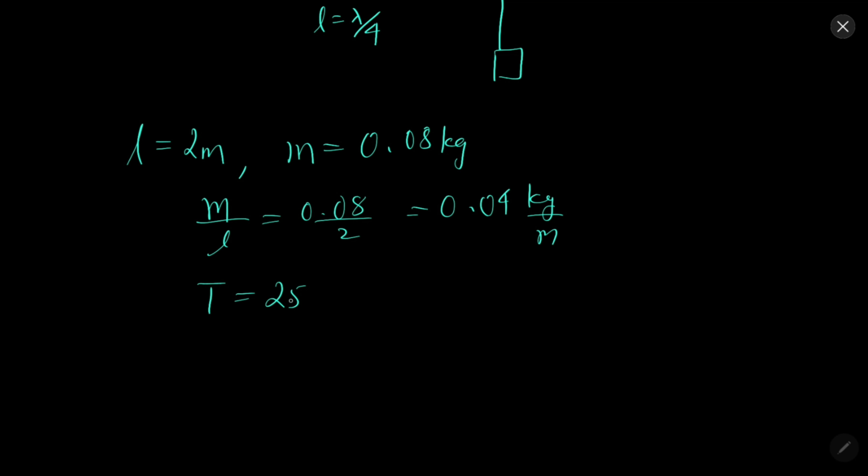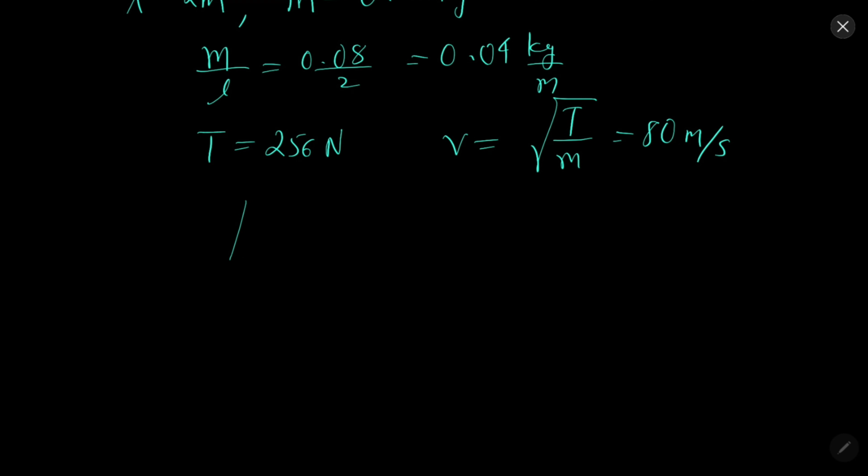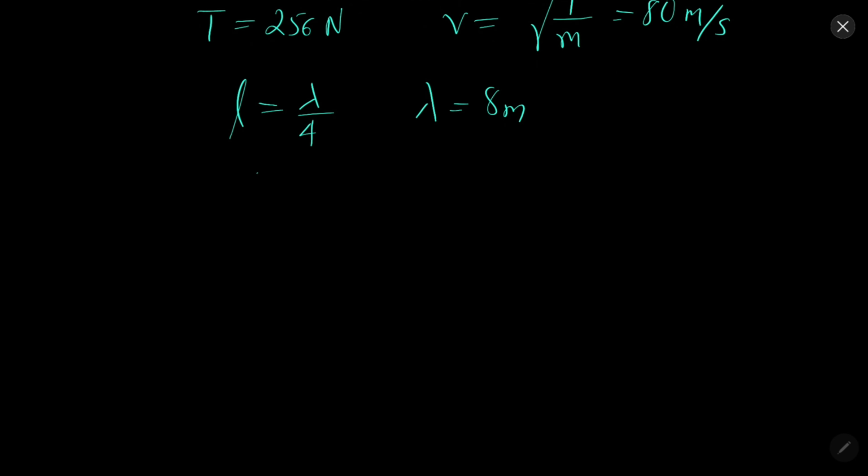Tension is equal to 256 newtons. Velocity is root of T over m, equal to 80 meters per second. L is lambda by 4, so lambda will come out to be 8 meters. Frequency will come out to be 80 over 8, velocity upon wavelength, which will be 10 hertz.